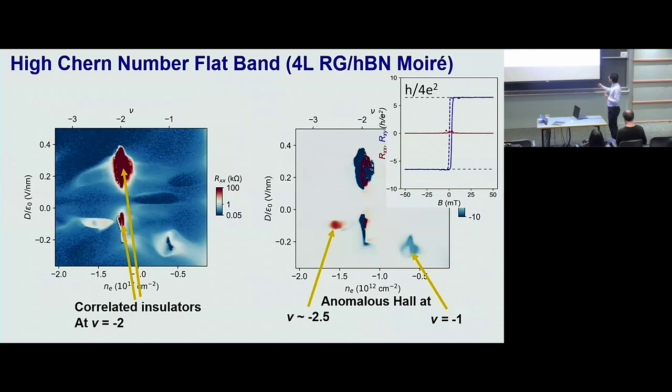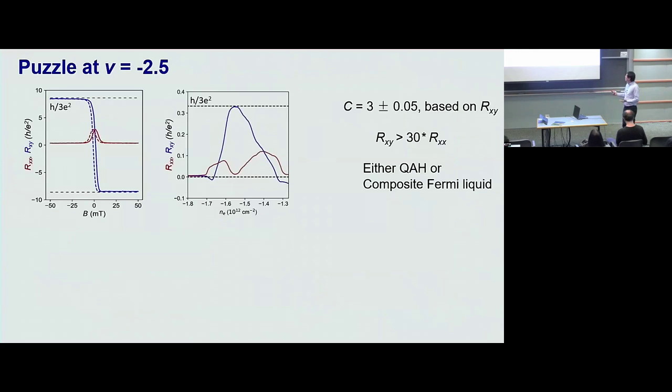And there's something at filling factor roughly -2.5, clearly anomalous Hall, small Rxx. You may think, okay, so this is fractionalization of the high Chern number topological flat band. Well, at this moment, it's quite confusing because on one hand, the Rxy seems to be quantized at something like h over 3e squared, suggesting a Chern number 3.